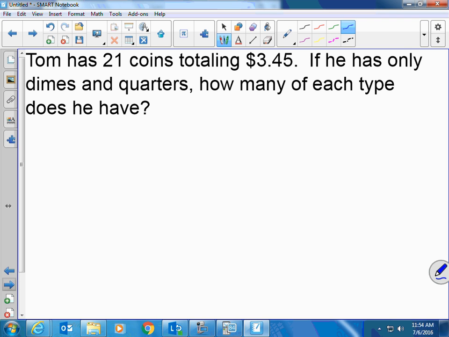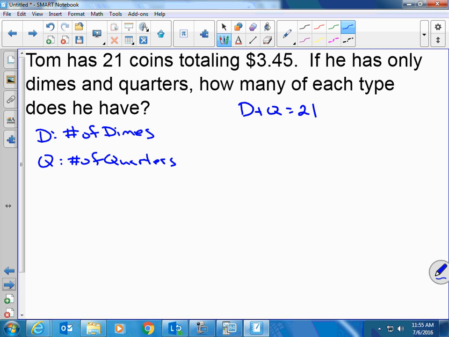Tom has 21 coins. What kind of coins does he have? I'm kind of skipping through because we kind of know the process now. We have dimes and quarters. So D is the number of dimes. Q, number of quarters. And I know there's 21. So D plus Q is 21.